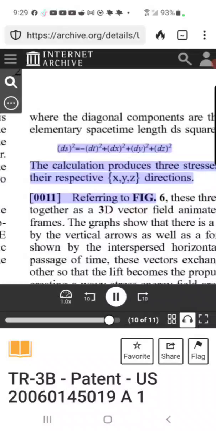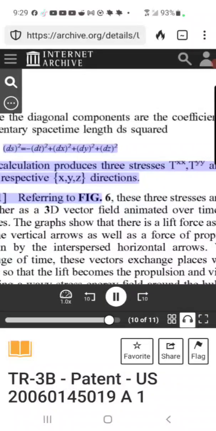The calculation produces three stresses Txx, Tyy, and Tzz in their respective xyz directions [0011], referring to Fig.